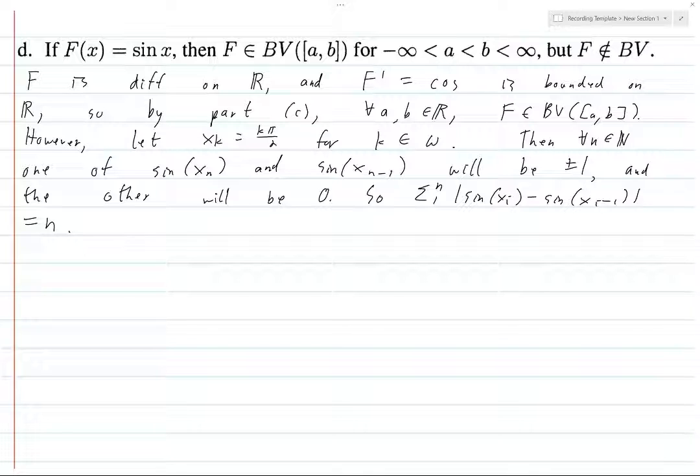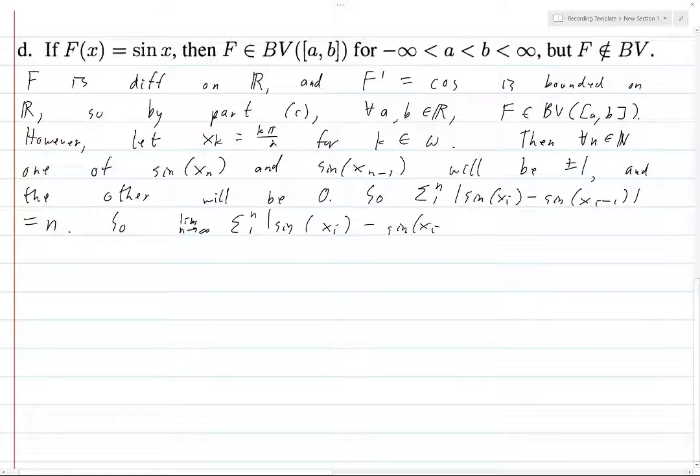Actually, this is okay, because what we can do from here is that the limit as n goes to infinity of the sum from 1 to n of sine xi minus sine xi minus 1 is equal to infinity.